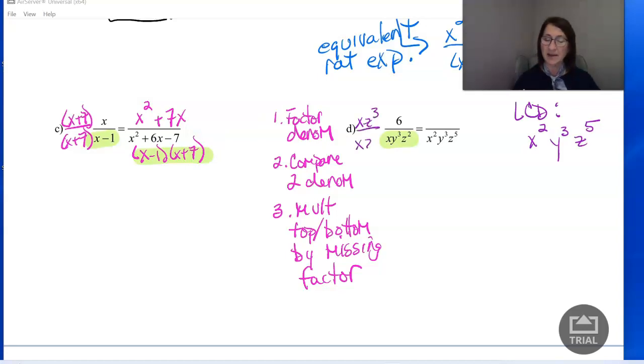So I multiply both the top and the bottom by xz cubed. Okay, so that's going to give me 6xz cubed over the x squared y cubed z to the 5th.